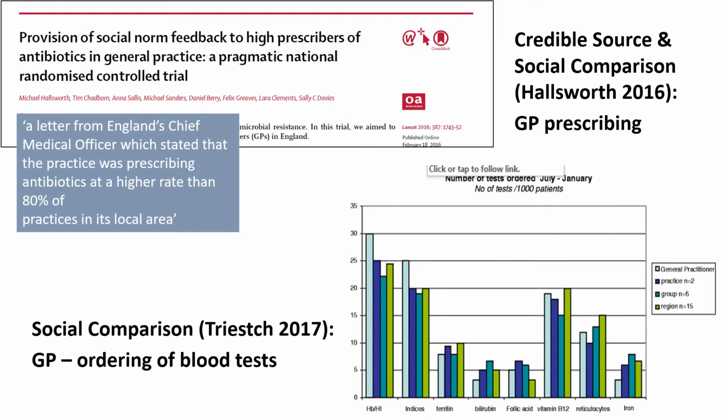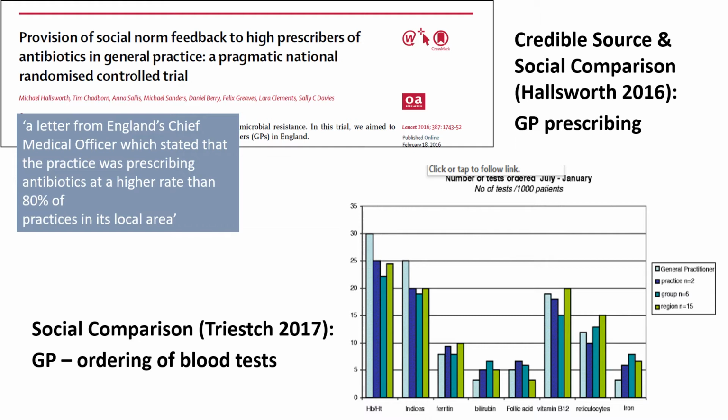To give you some examples of the social norm behaviour change technique: the first one, from Holsworth et al., was a letter to GPs who were highlighted as being amongst the highest prescribers of antibiotics. They got a letter from England's Chief Medical Officer, which was the credible source, and the letter told them that their practice was prescribing antibiotics at a higher rate than many of the other practices in the local area, which is a social comparison.